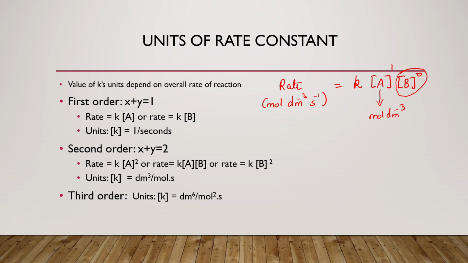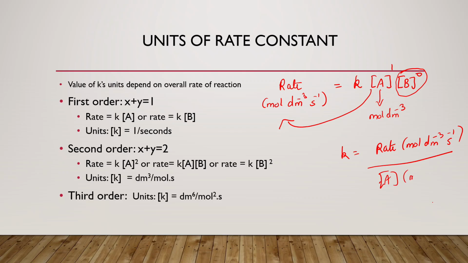So what would be the unit of K here? The unit of K would be rate, which is mol dm^-3 s^-1, over the molar concentration of A, which is just mol dm^-3. So here the unit would just be s^-1, or essentially any appropriate unit of time inversed.